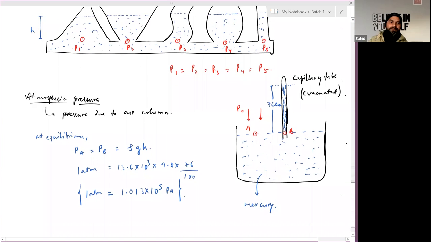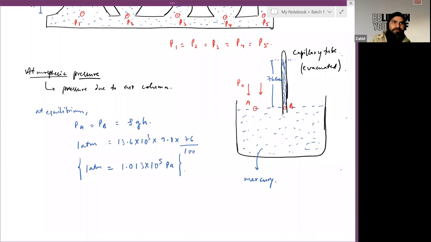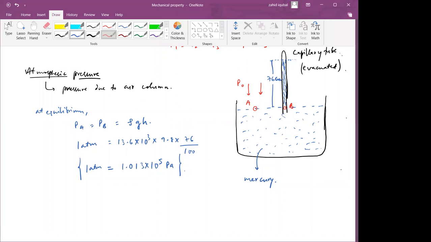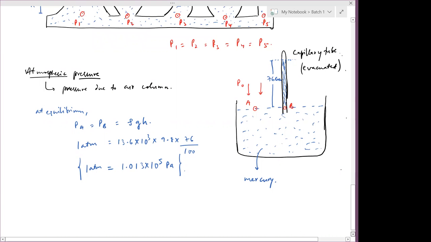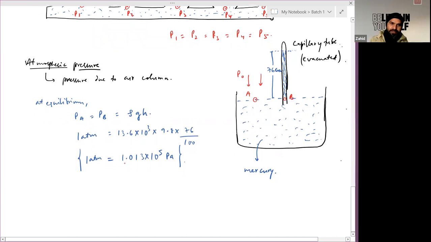Salman, is it clear? Yes, sir. Okay. There is another way to write this pressure: as 76 centimeter of Hg. In this expression, it means the pressure exerted by a 76 centimeter column of mercury is equivalent to 1 atm.